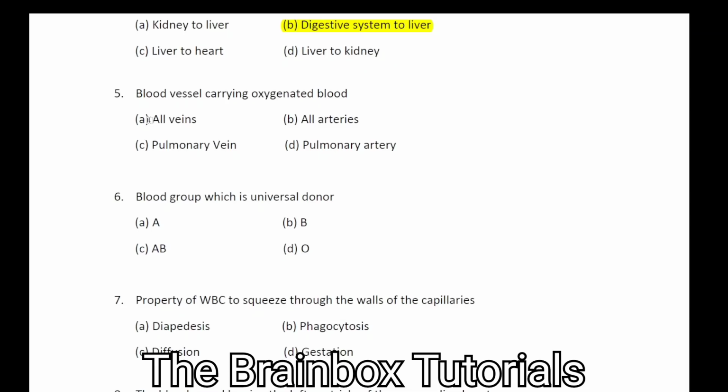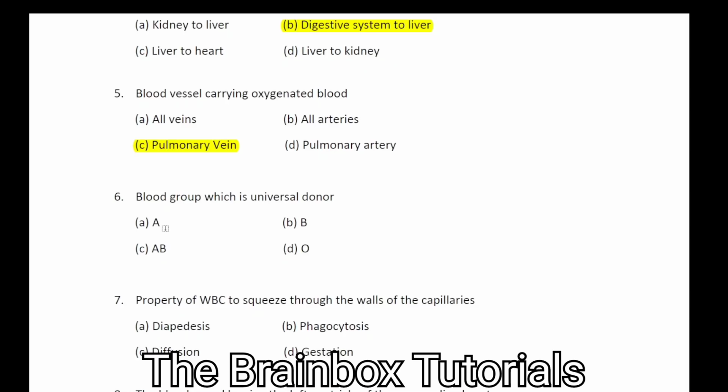A all veins, B all arteries, C pulmonary vein and D pulmonary artery. And the correct option is C pulmonary vein. See, arteries carry oxygenated blood but not all the arteries. Pulmonary artery carries deoxygenated blood. So that is why option C is the correct option.